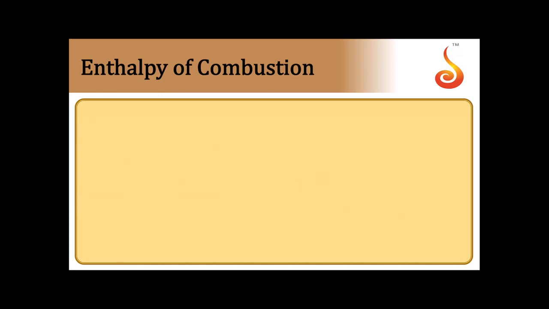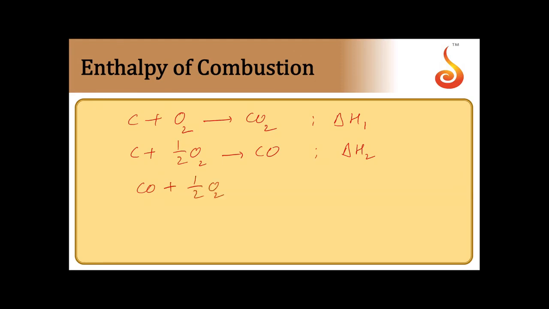Let us take 3 examples to understand enthalpy of combustion and enthalpy of formation clearly. Let us take C plus O2 giving rise to CO2, say delta H1 is the enthalpy of this reaction. C plus half O2 giving rise to CO, say delta H2. CO plus half O2 giving rise to CO2, say delta H3.